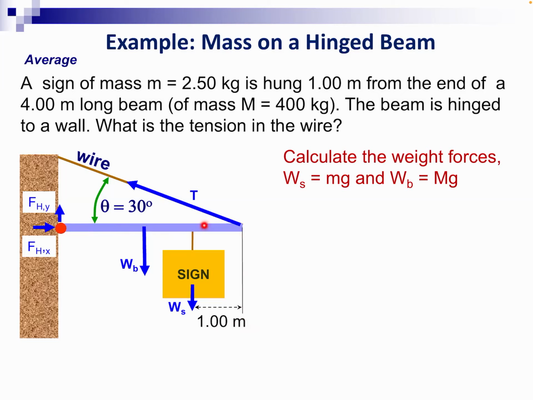This beam has a length of 4 meters, and the mass of the beam is 400 kilograms. The beam is hinged to a wall. This is the hinge of the beam to the wall, and we want to find the tension in the wire. This is the force that we want to find, the tension on the wire.